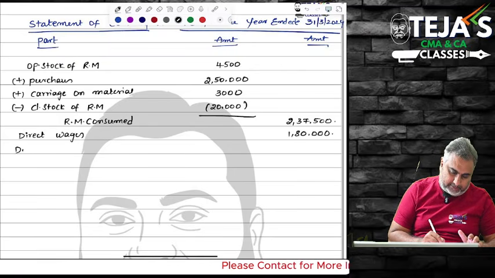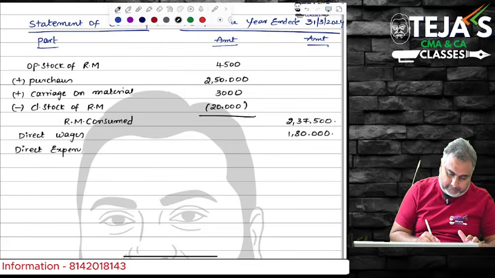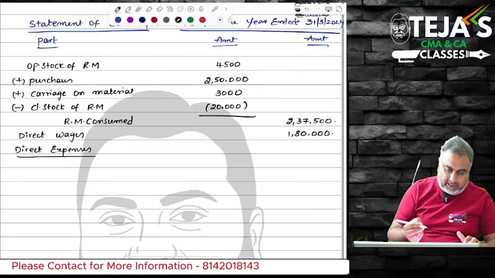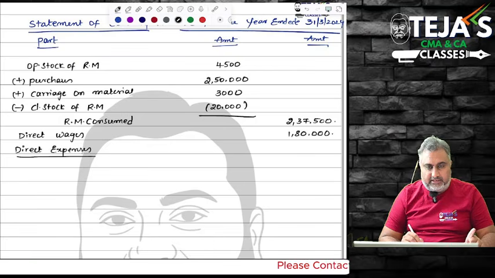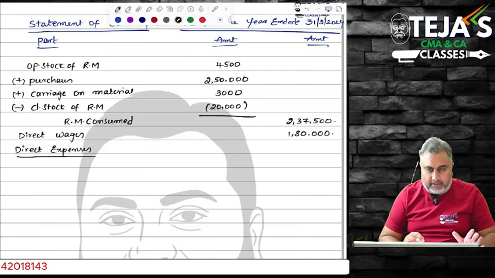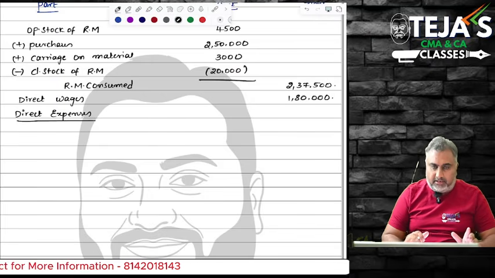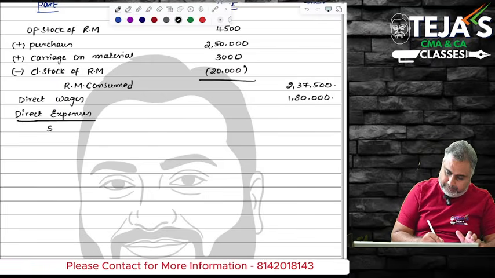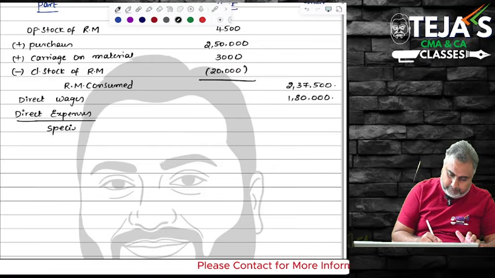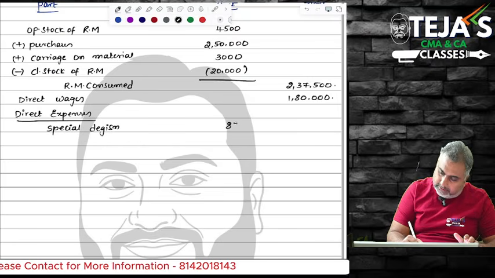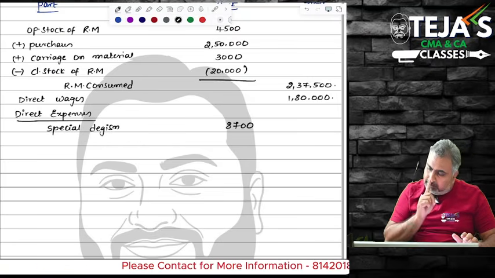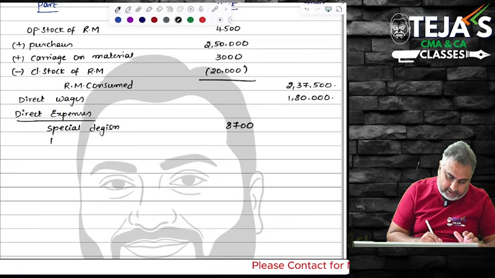Then add direct expenses. Under that we have two expenses: one is special design charges, and the second one is royalty. Both should be covered under direct expenses. First write down special design, 8,700. Then royalty 4,500.